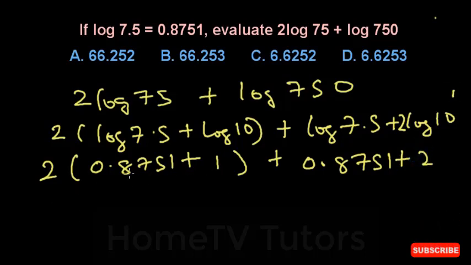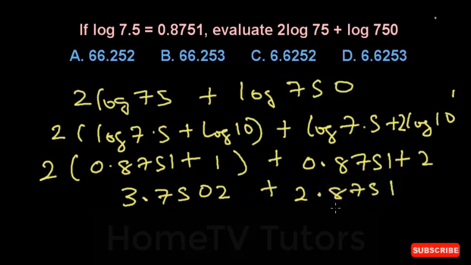Okay, so this plus this makes 1.8751, then times 2, which will give us 3.7502, plus 2.8751 when you add this up. This plus this gives you 3, this plus this gives you 5, then 5 plus 7 gives you 12.